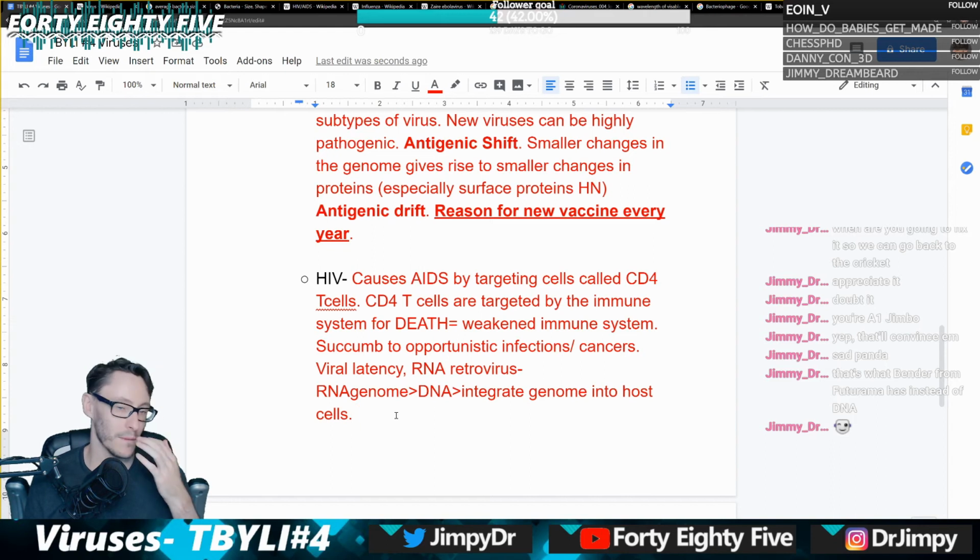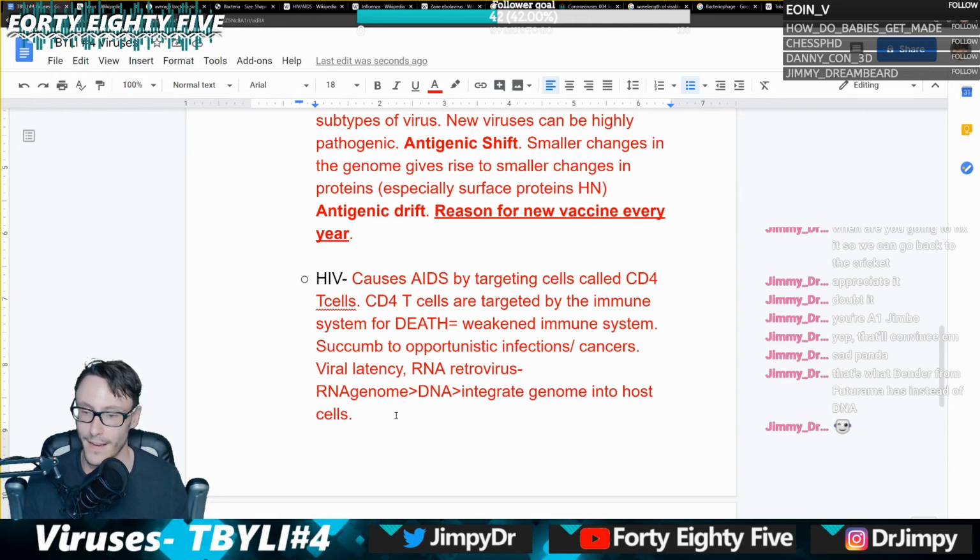Effectively what some very, very clever people have done is they've taken the shell of HIV, and instead of having the HIV genome in there, they've put in this genetic construct that is designed to be integrated into your genome, and you can do something called cell therapy with that.